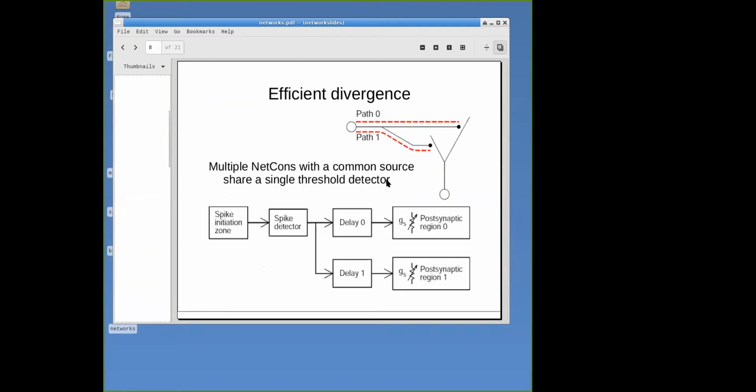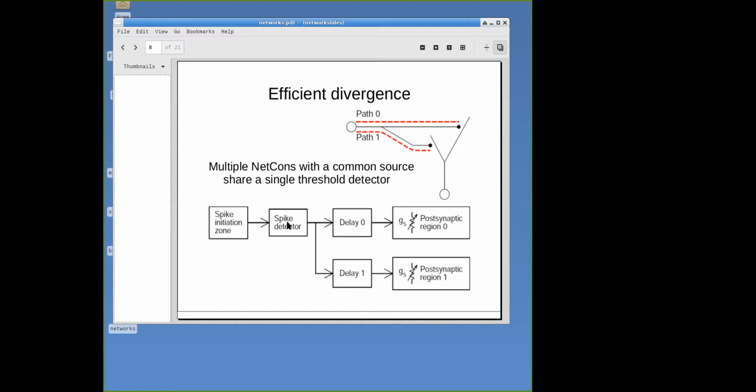Next. Okay, so let's think about what we've got now. What we have now is a way of specifying connections between pre- and postsynaptic cells that not only can be highly efficient because we don't have to simulate the conduction down the whole length of the axon, but also if we have a presynaptic spike source and we have fan out from our presynaptic cell, there only needs to be one spike detector.